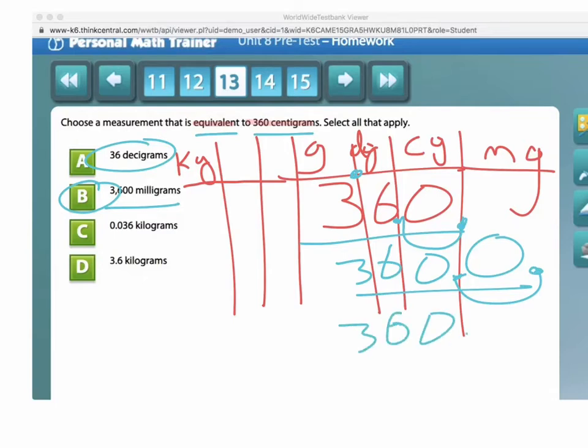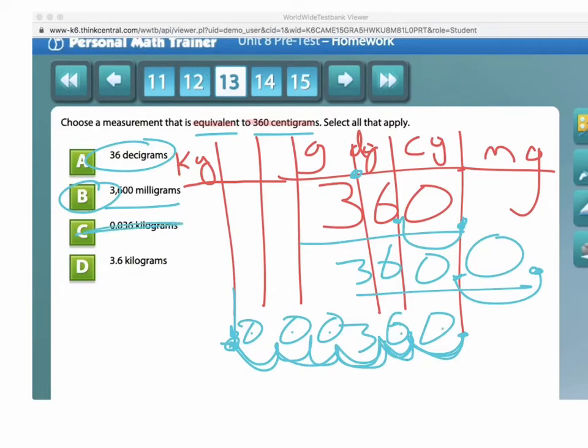360 centigrams is the same as how many kilograms? So I've got to go all the way over to here. I'm going to be dividing by 10, 100, 1,000, 10,000, 100,000, a million. So 360 centigrams is the same as 0.000360 kilograms, so that's not the same there.